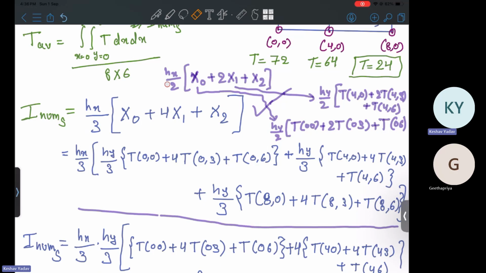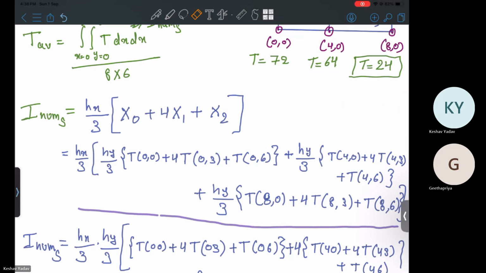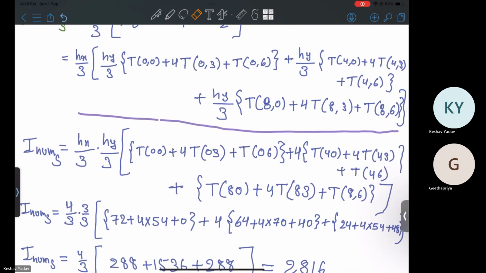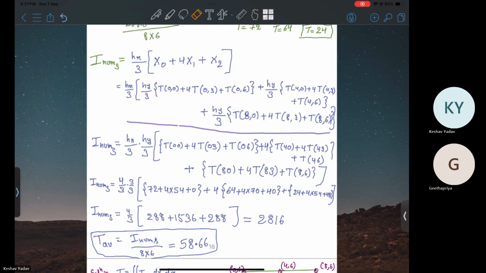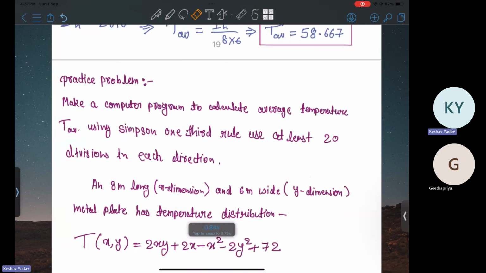Like that, you try to write the expression here only. Try to make the grid and write this.